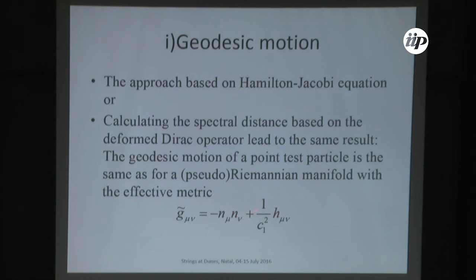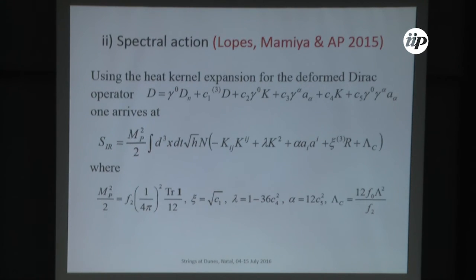When this is 1, this is the usual metric for foliation. The space distance will be rescaled in some sense; it will move along the space direction slightly differently than along the time direction. If I use this Dirac operator in the spectral action, I will reproduce exactly this, where these coefficients are controlled by the coefficients in the Dirac operator.